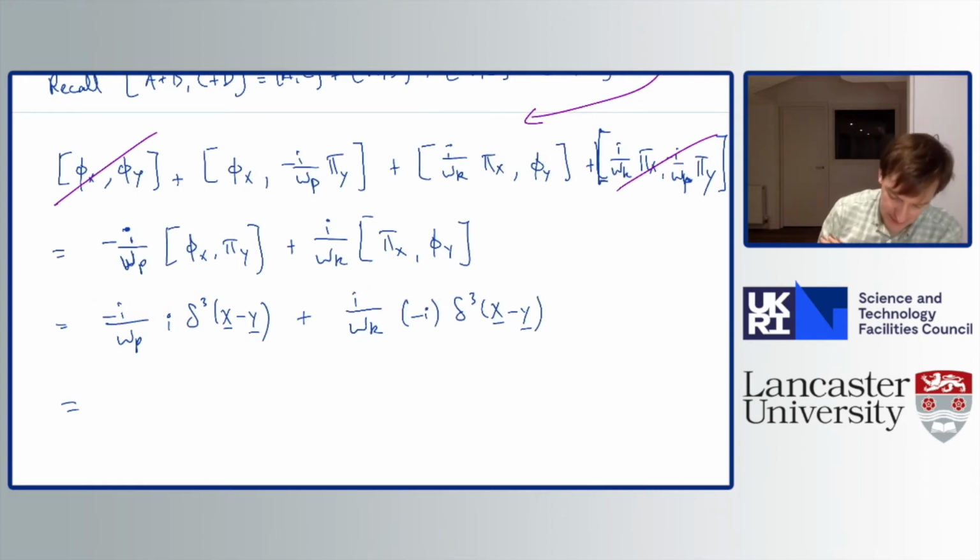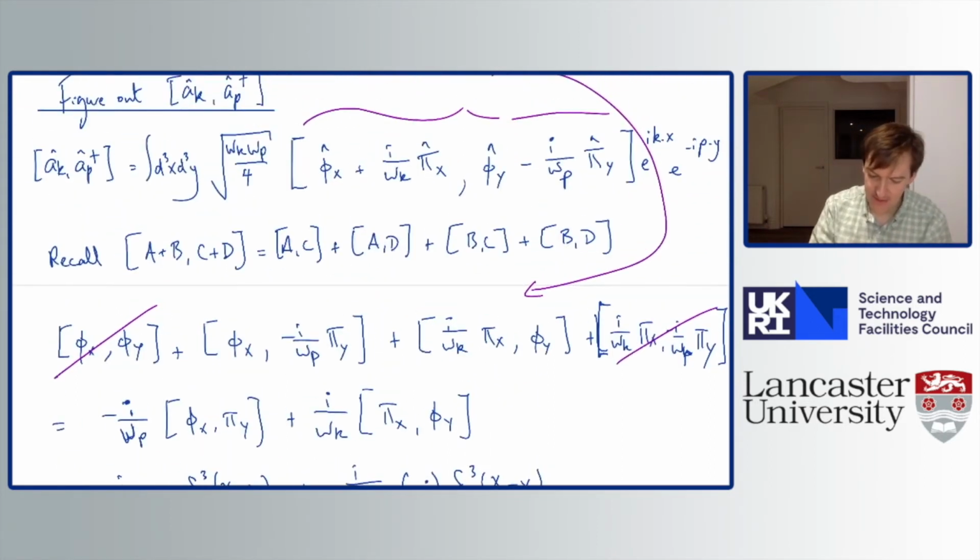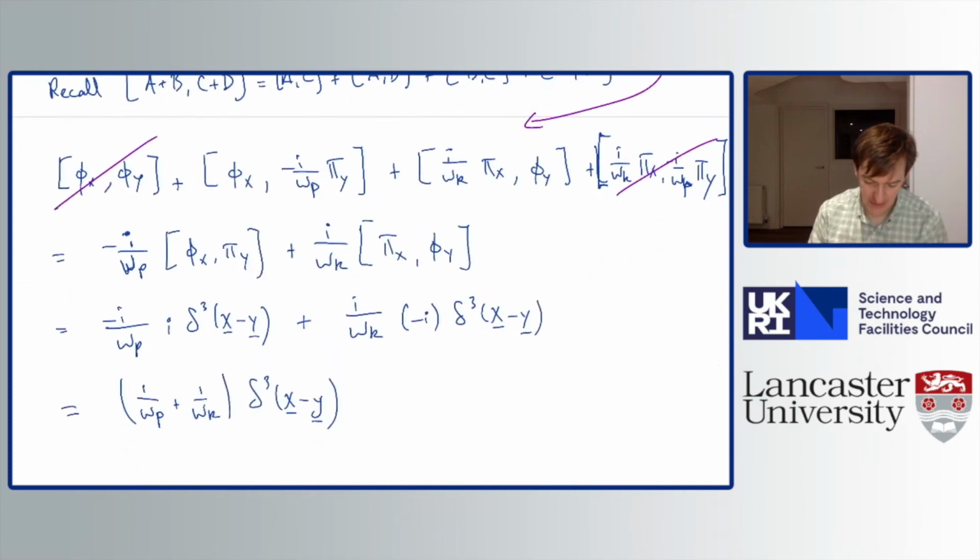So we have 1 over omega p plus 1 over omega k times a 3D delta function.